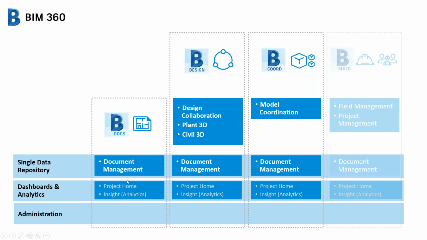Ramping up to a collaboration project using Plant 3D, Civil, or Revit, we add on the BIM 360 design module, allowing you to share your designs directly with BIM 360. Storing them there, they become a single source of truth and collaborate truly globally, and often increasing feature functionality on the end user machine as well.